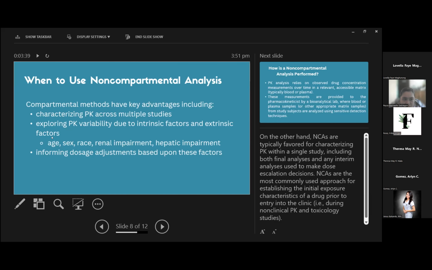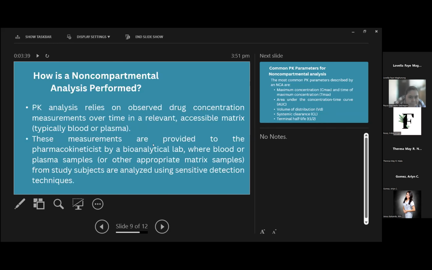Okay, sige po. So, the advantages include exploring the pharmacokinetic variability due to intrinsic factors and extrinsic factors such as age, sex, race, renal impairment, hepatic impairment, and also informing dosage adjustments based upon these factors.